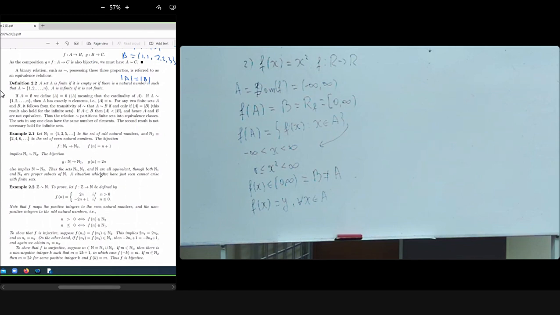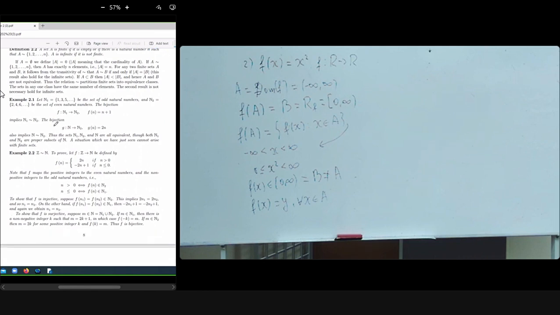Okay, now slowly we move on to the bijection function from N to N2. Now look, N is the natural number set. In terms of cardinality, can I say the cardinal number of the natural numbers and the even integers are the same?